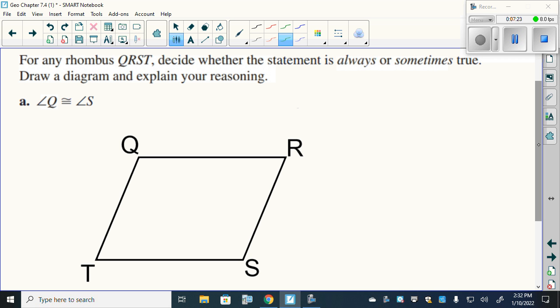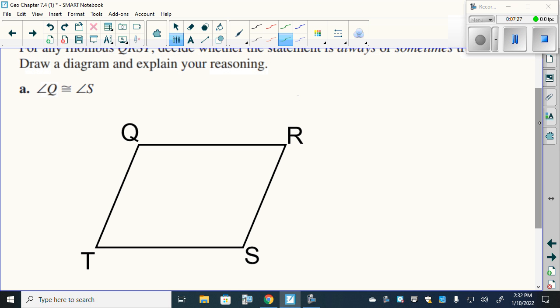Logan, let's focus on this here. So for any rhombus QRST, by definition, a rhombus has four congruent sides. So all four sides would be congruent.